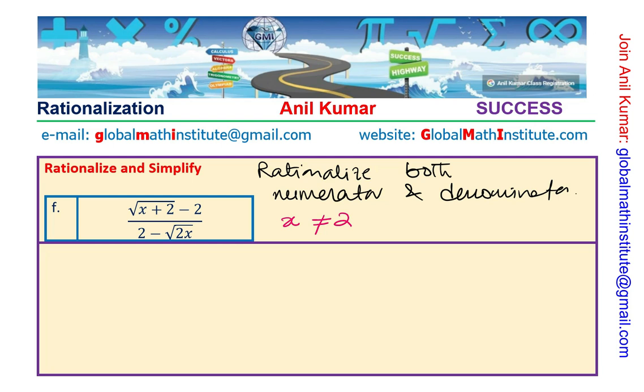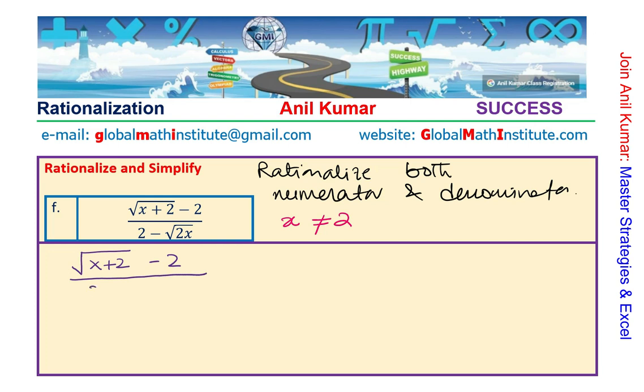I'm telling you this because you're soon going to apply this strategy. Great. So let's copy the expression, which is (square root of x plus 2 minus 2) over (2 minus square root of 2x). This is a part of pre-calculus because you are learning strategies which will be useful for you in calculus. So let's rationalize both numerator and denominator.